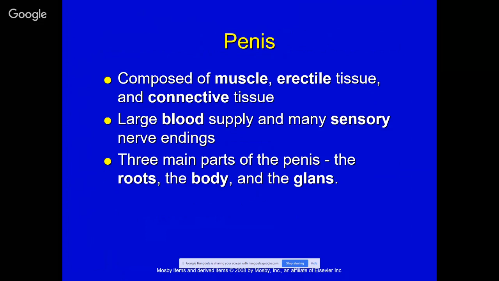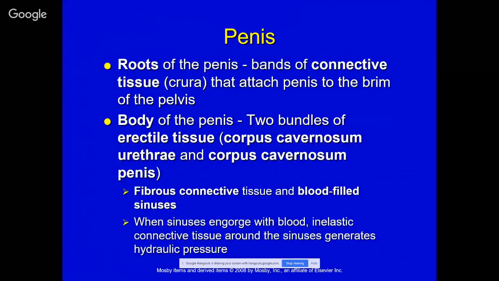The penis is composed of muscle, erectile tissue, and connective tissue. It has a large blood supply and many sensory nerve endings. There are three main parts of the penis: the roots, the body, and the glans. The roots of the penis are bands of connective tissue called crura that attach the penis to the brim of the pelvis.